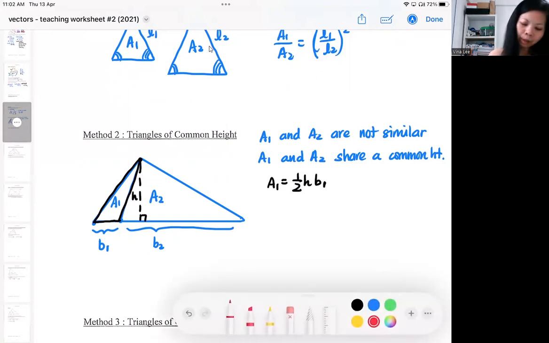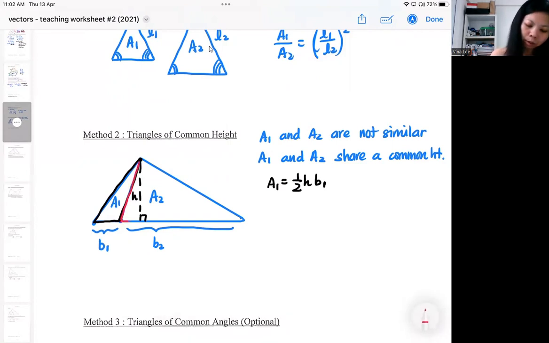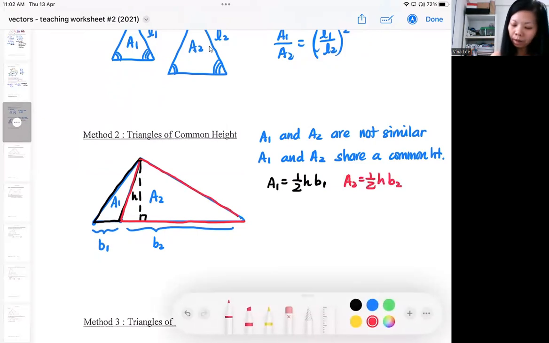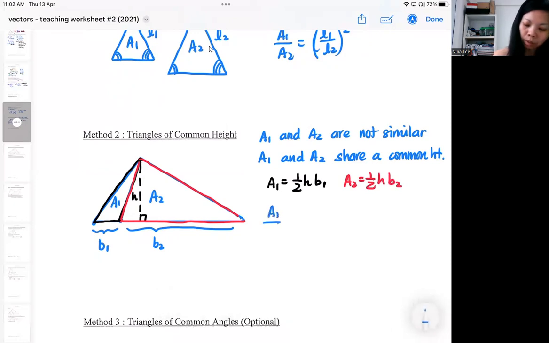This is also the height I can use for A2: half times height times B2. If I do a ratio, my half and H will cancel.